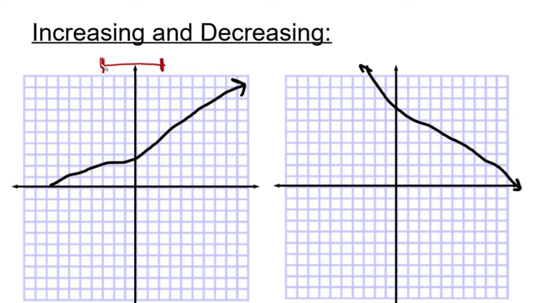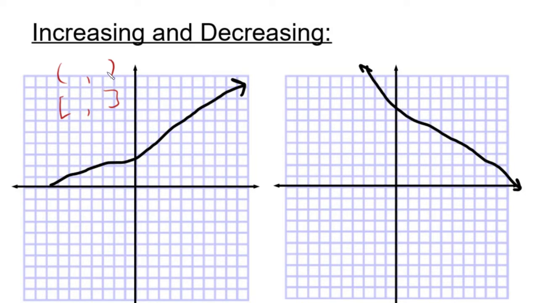You write intervals out using interval notation, which has parentheses or brackets, and you read it from this number to this number. It's basically like a set of x values that all are doing a specific thing. That's an interval. I'll explain the parentheses and the brackets in just a little bit.